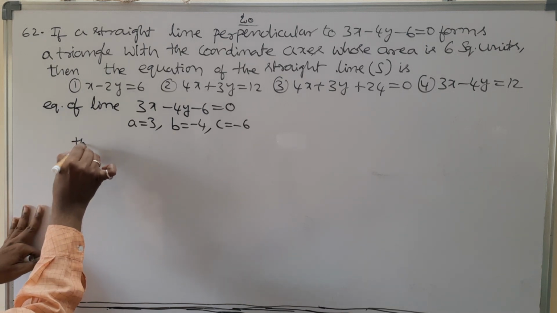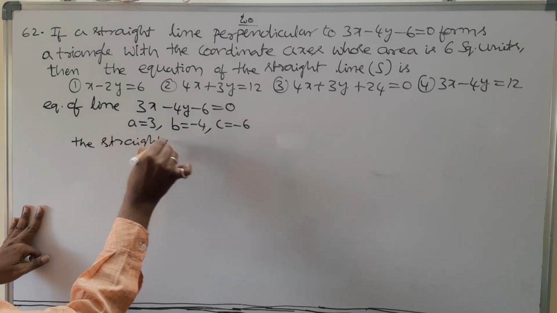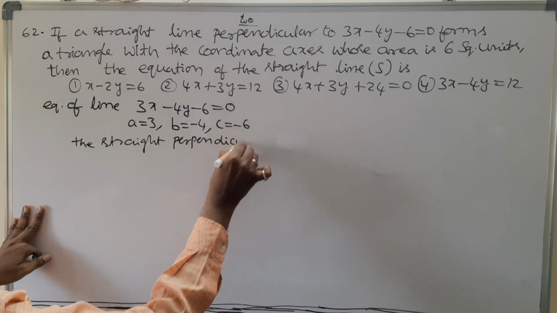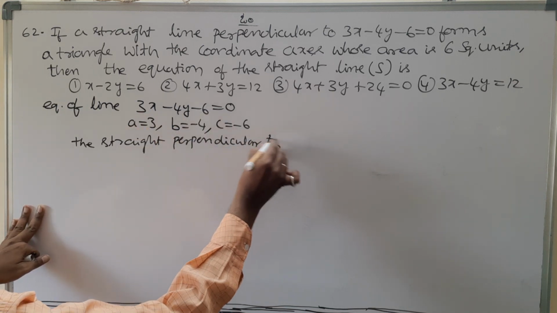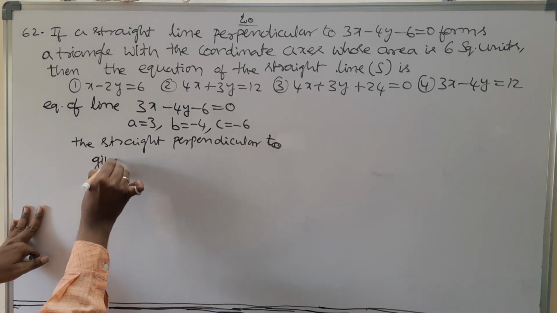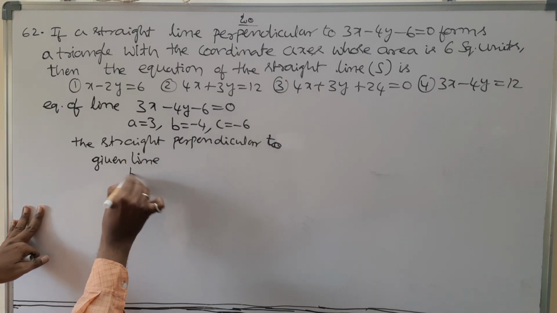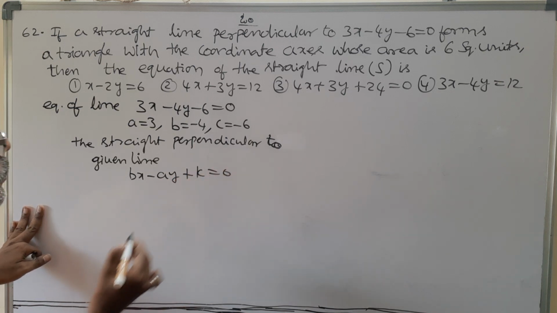The straight line perpendicular to the given line is bx minus ay plus k equal to 0.